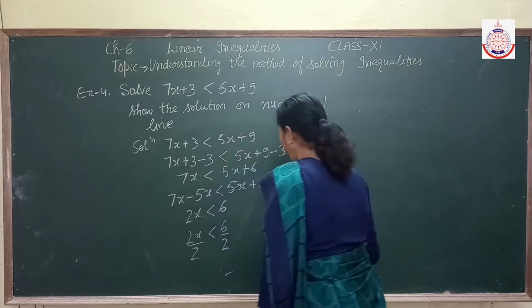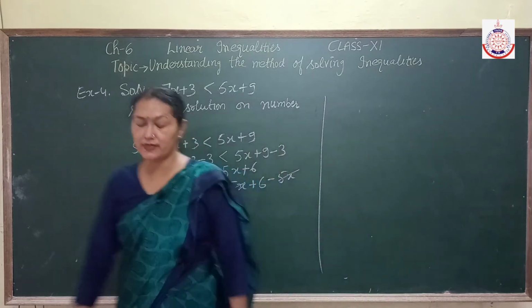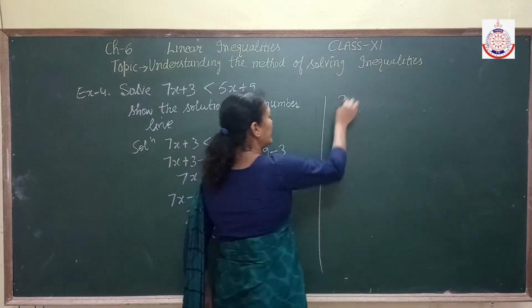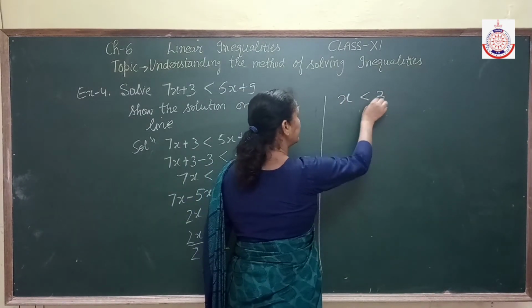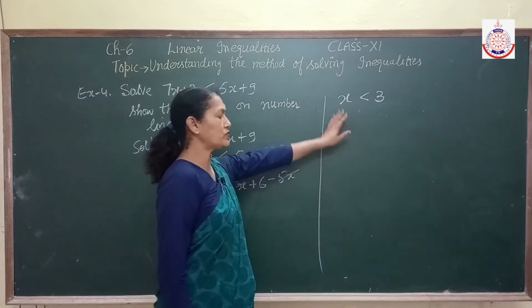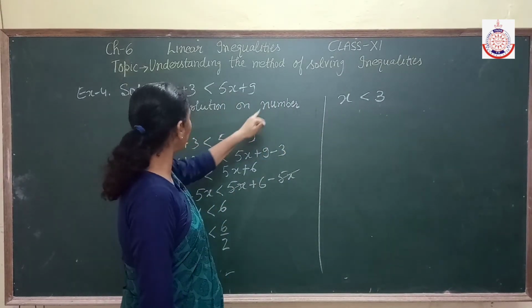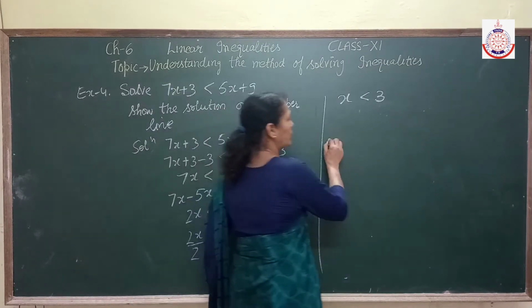So what kind of value have we obtained? This 2 and 2 got cancelled and 6 and 2 got cancelled. So we have obtained x strictly less than 3. You got the solution of x, but next you have to show the solution on number line. Draw the number line.